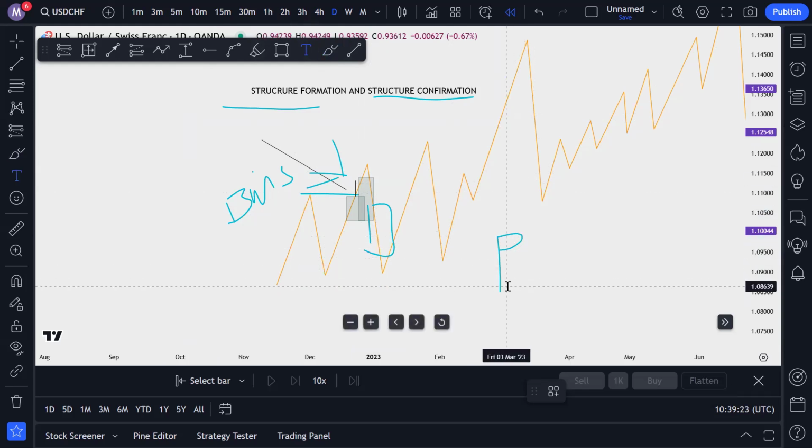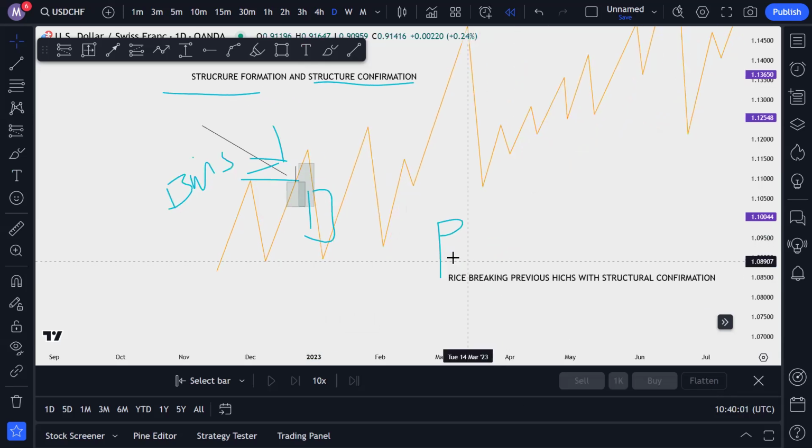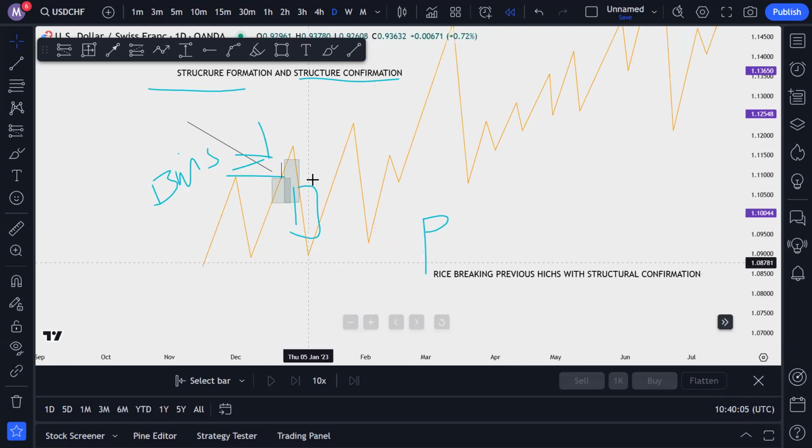When we're dealing with the uptrend, we need to see price breaking previous highs with structure confirmation, which is a candle closure.